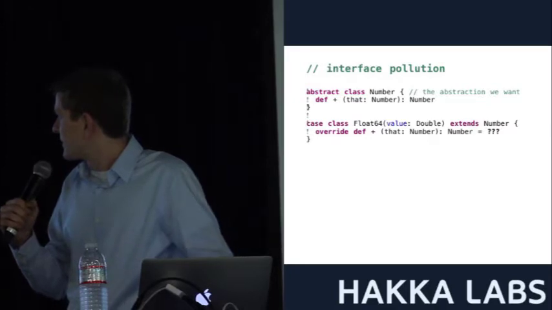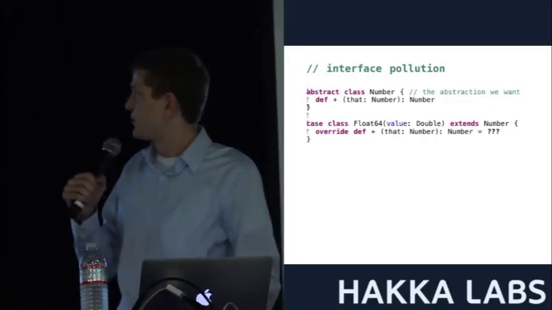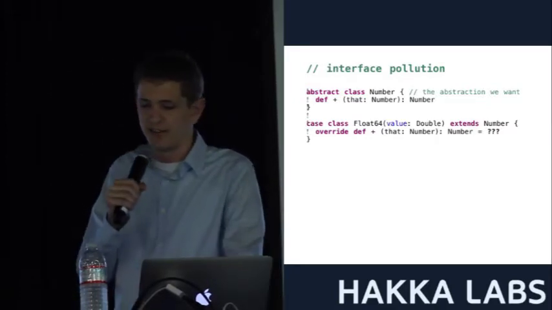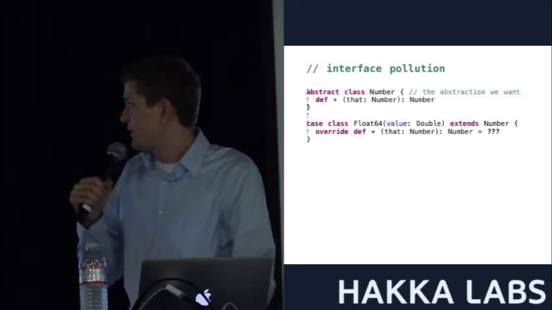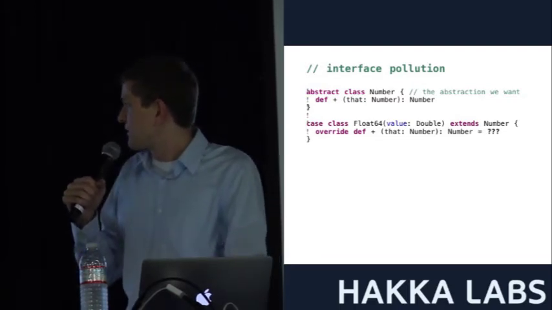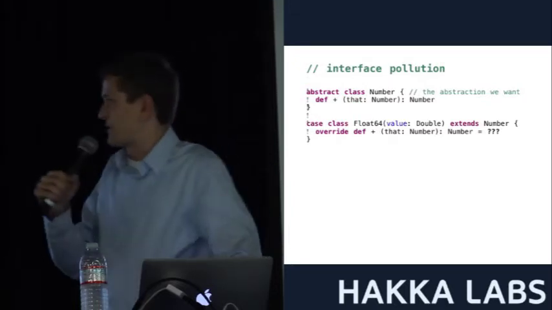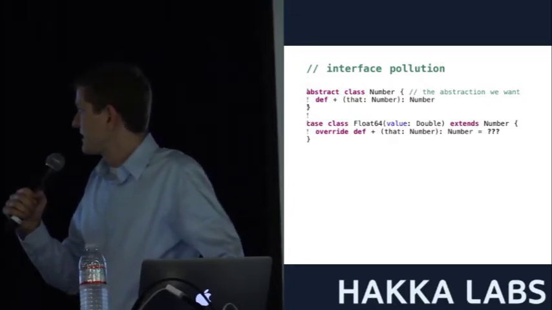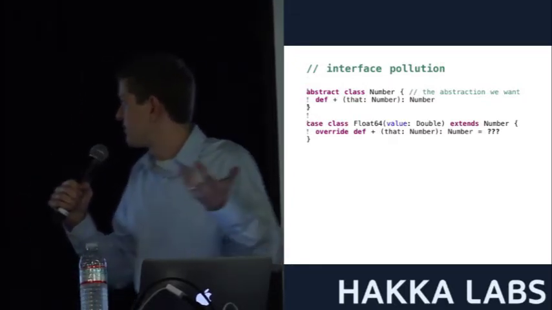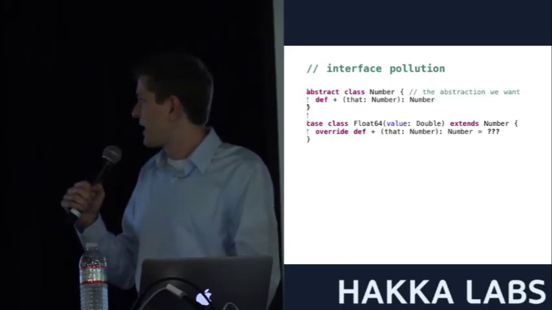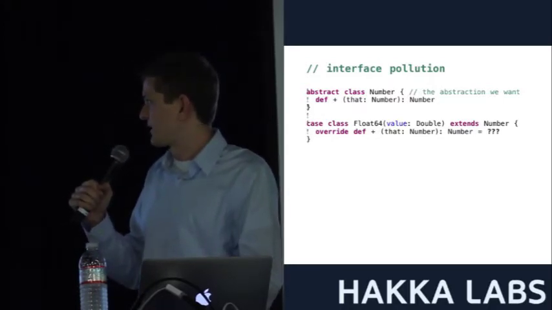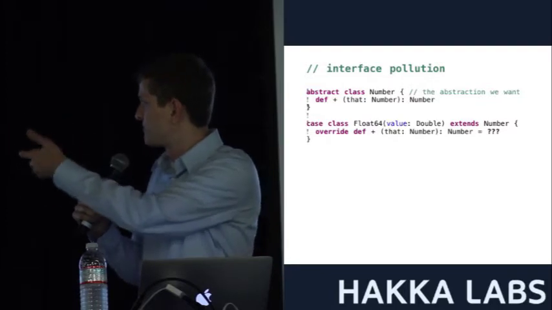So let's say that this is the abstraction we want. We want the ability to add two numbers. Now how are we going to go about this? Well, we need to implement our abstraction, so we want a 64-bit double implementation, but how do we go about actually adding those two numbers?